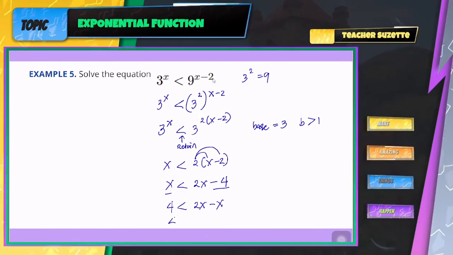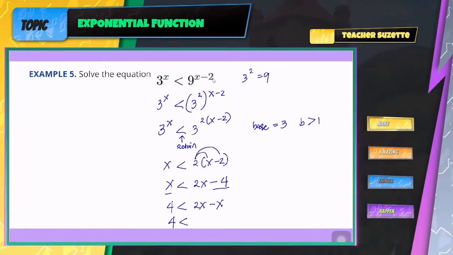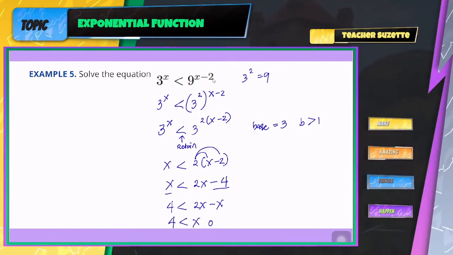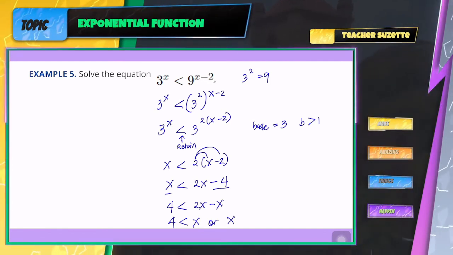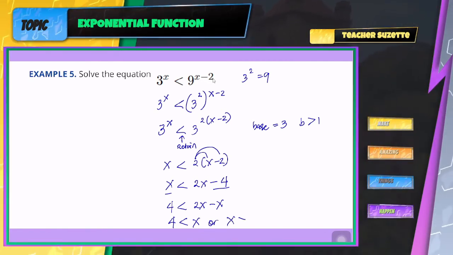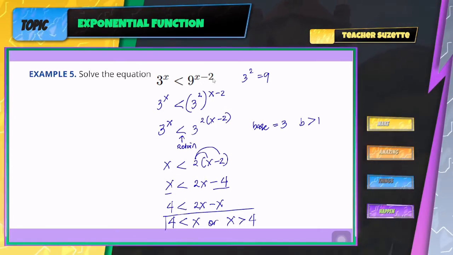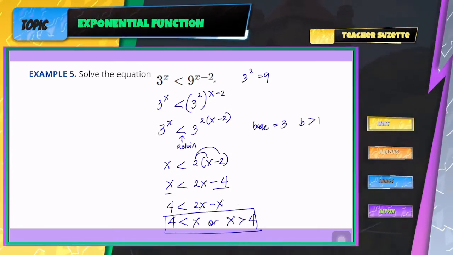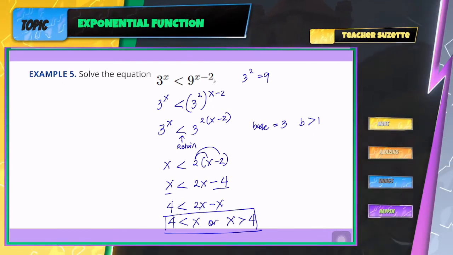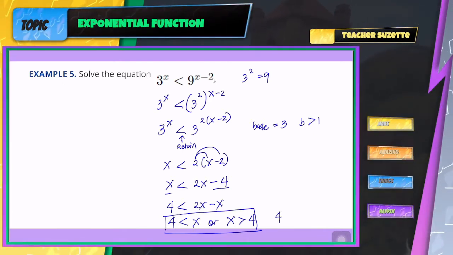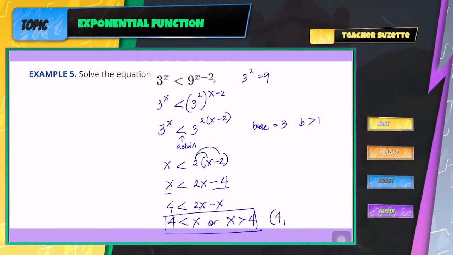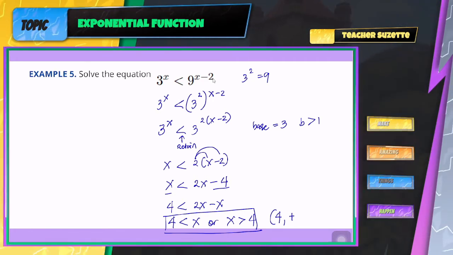So, we have 4 is less than x, or it can be written as x is greater than 4. In interval notation, it can be written as 4 papuntang positive infinity.